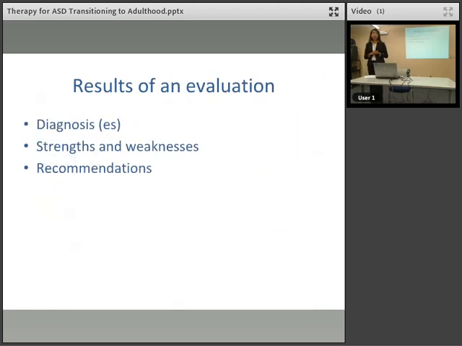If we know that they, for example, have better visual than verbal skills, or vice versa, or if we know that they are especially good in one area, we may be able to use those skills and strengths to really assist them in compensating for other areas where they might be a bit weaker. And then also making more specific recommendations as to what they might need with regards to therapy or other treatments is another important result of an evaluation.